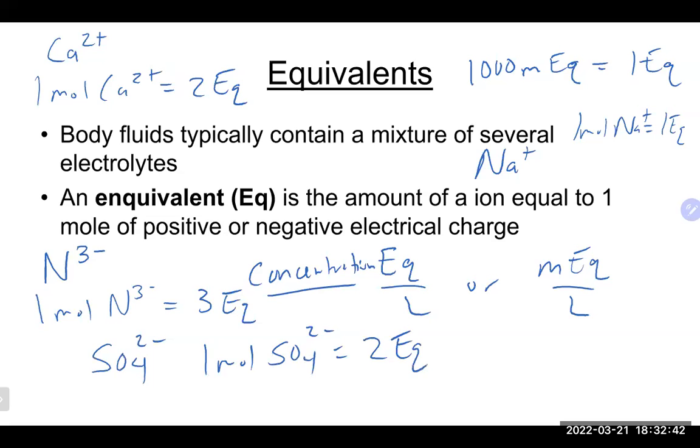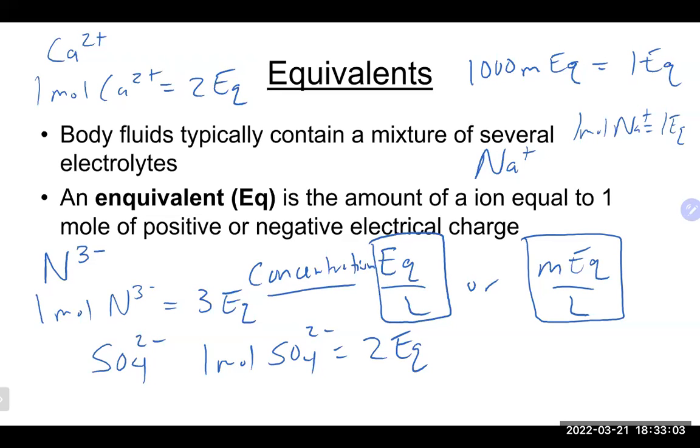So again, we'll really use this as a conversion factor. It comes just from the actual number on the charge. It doesn't matter if it's positive or negative. And again, 2 very common units are equivalents per liter and milliequivalents per liter.